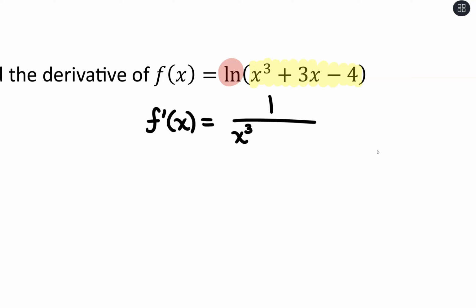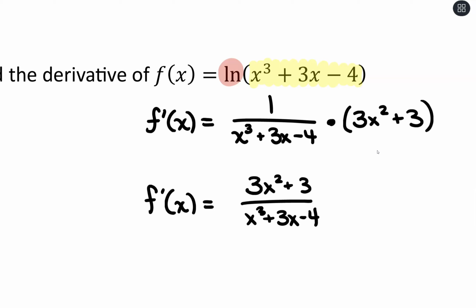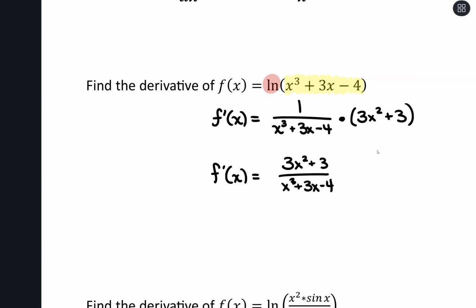In this case, it's x cubed plus 3x minus 4. And then we're going to multiply by the derivative of the inside function, which would be 3x squared plus 3. And what we could do is just combine that into a numerator of 3x squared plus 3 over x cubed plus 3x minus 4. And that'll do it.